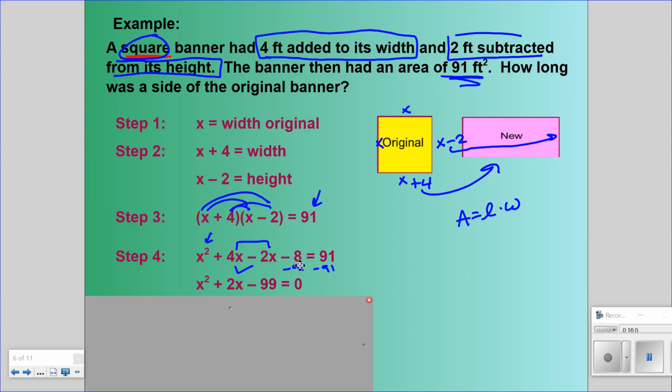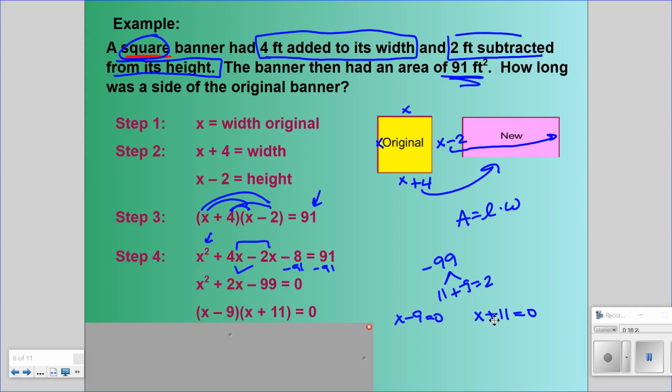From here we factor, so now we've got a trinomial without a coefficient, so we need factors of negative 99 that add up to 2, which are positive 11 and negative 9, and those are how we'll fill in the binomials that we factor to. Now take each individual binomial, set each one equal to 0, and solve for your x's.